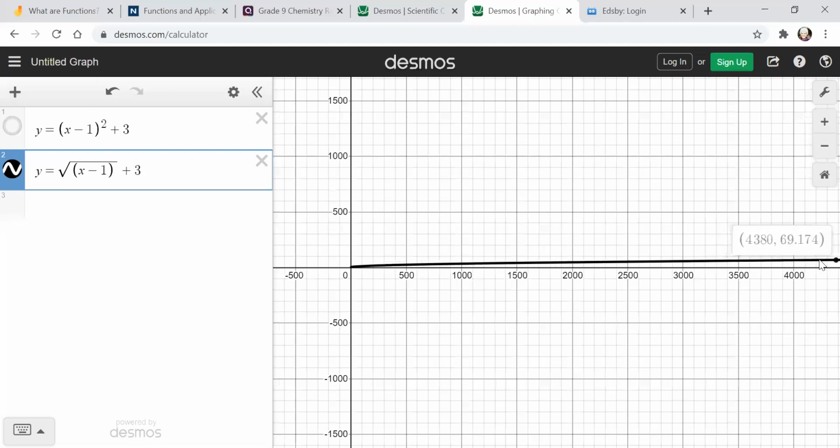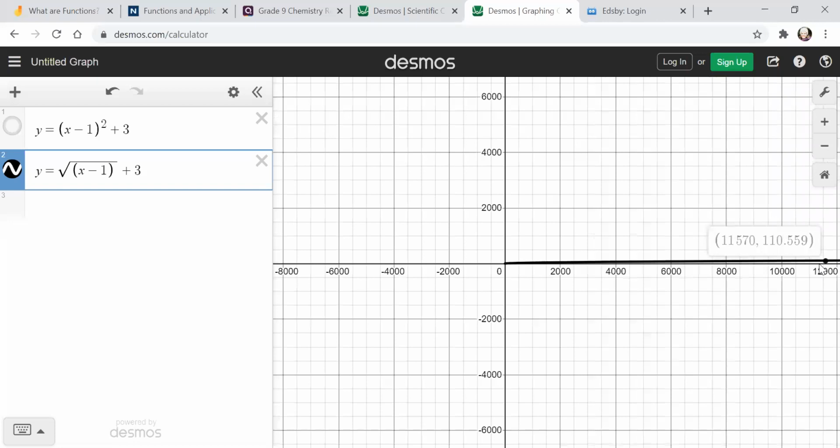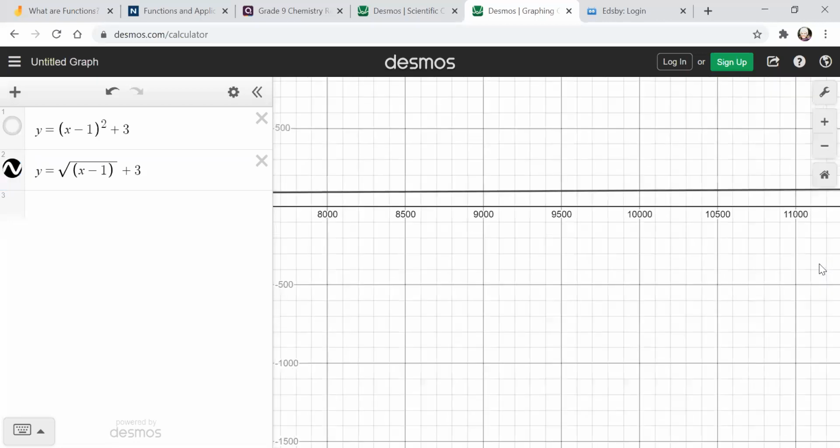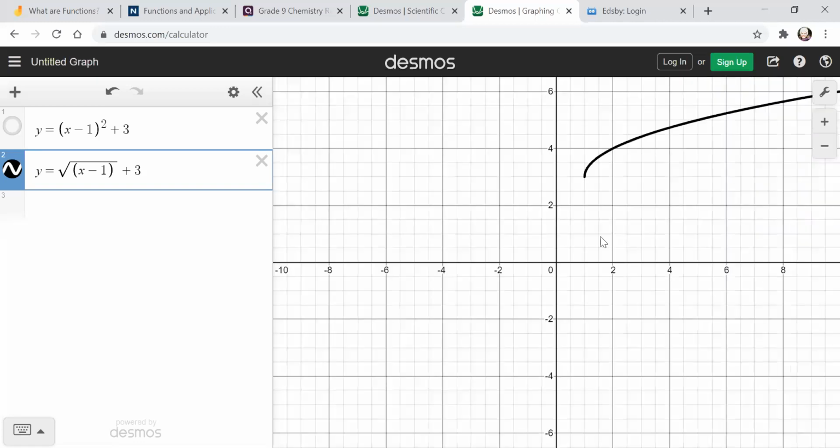So it definitely doesn't go less than 3. Does it look like it has any limitations on how big it can get? It's just increasing really slowly. That's 110. I think it exists forever and ever and ever to infinity and beyond. It's just a really, really slow increase. So it looks like the only limitation on y is that it is going to be 3 and everything bigger than 3. Can you guys see that with my y value, the second number?